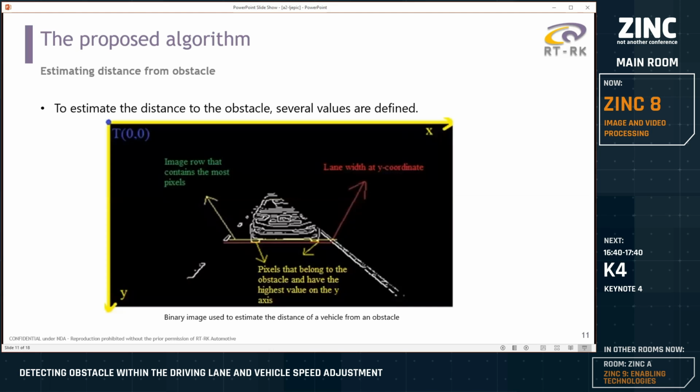To estimate distance, we defined several values. Here you can see, marked in red, the lane width at some coordinate. Also, green is the image row that contains the most pixels, which is used to detect a vehicle as an obstacle. And we also have the maximum y-axis value of the obstacle on the image.